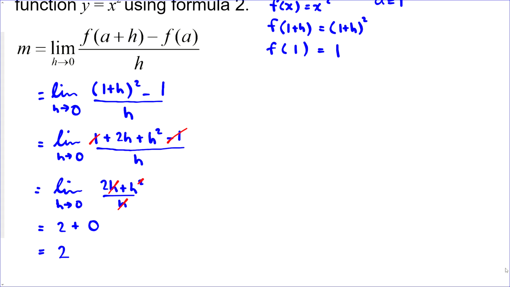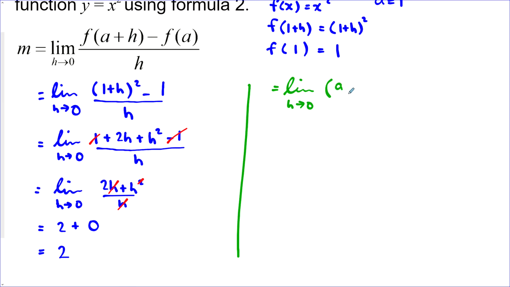Now there was another way we could do this. We put in a as 1 right at the beginning here, and that worked out fine. You see we got the answer, but what happens if we didn't? What happens if we had the limit as h goes to 0, and we just kept a as a for now, till the end?